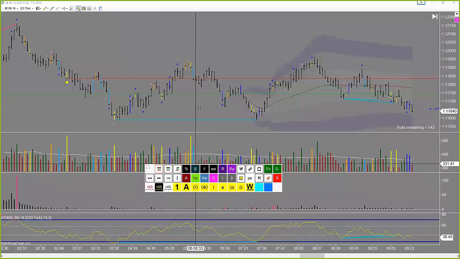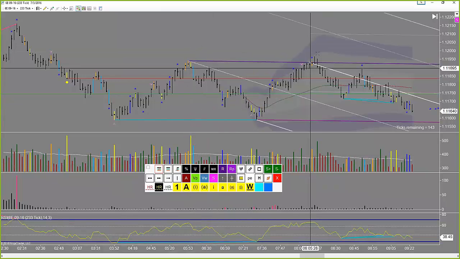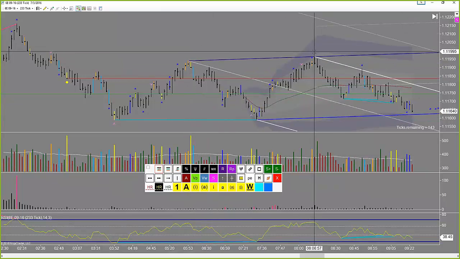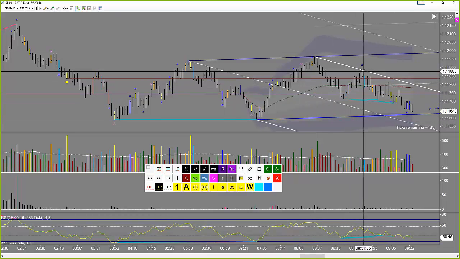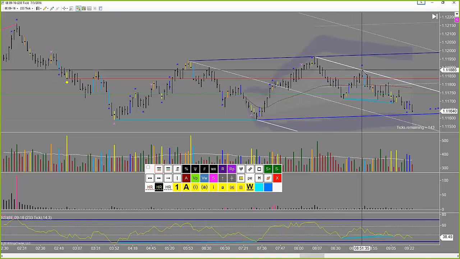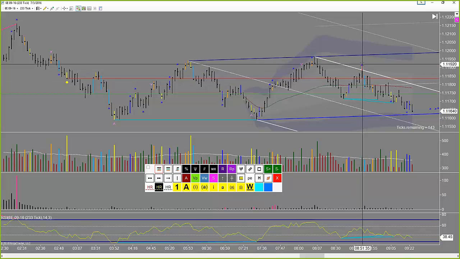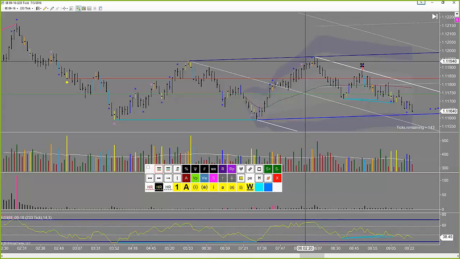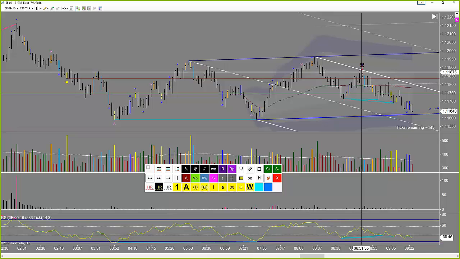So simply connecting from the previous high to this high, we get the upper median line hit perfectly right there on a minor spike in the volume per tick, which is that bar right there. So if you missed it here, you could have re-entered here.